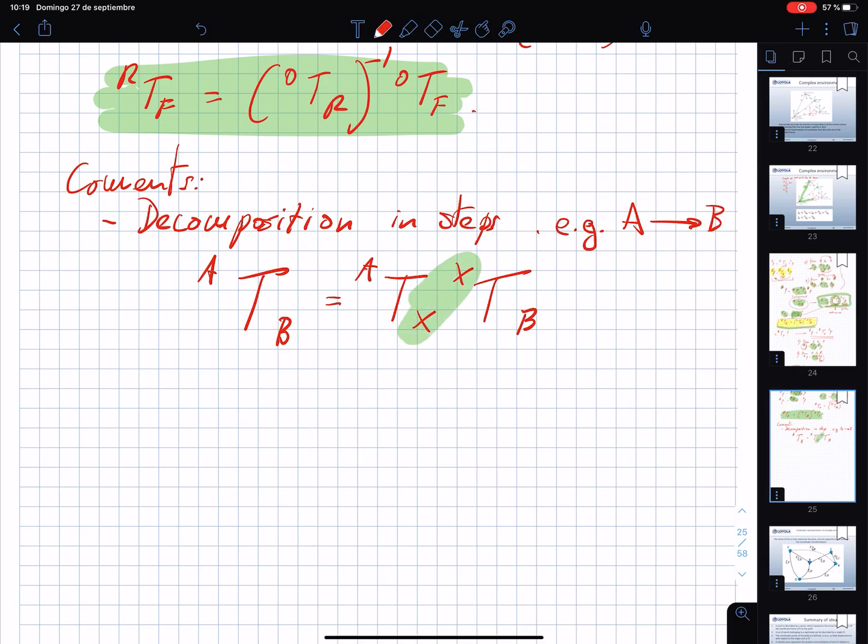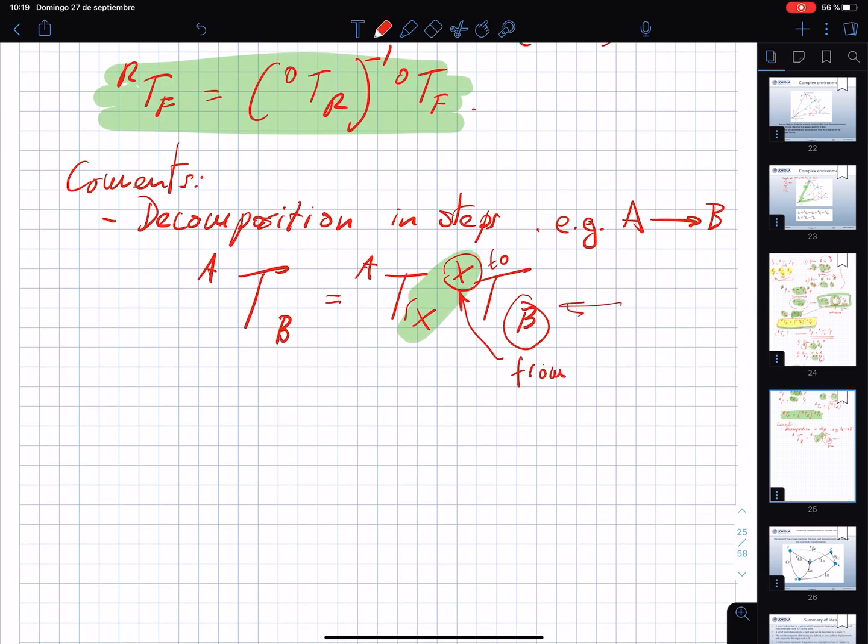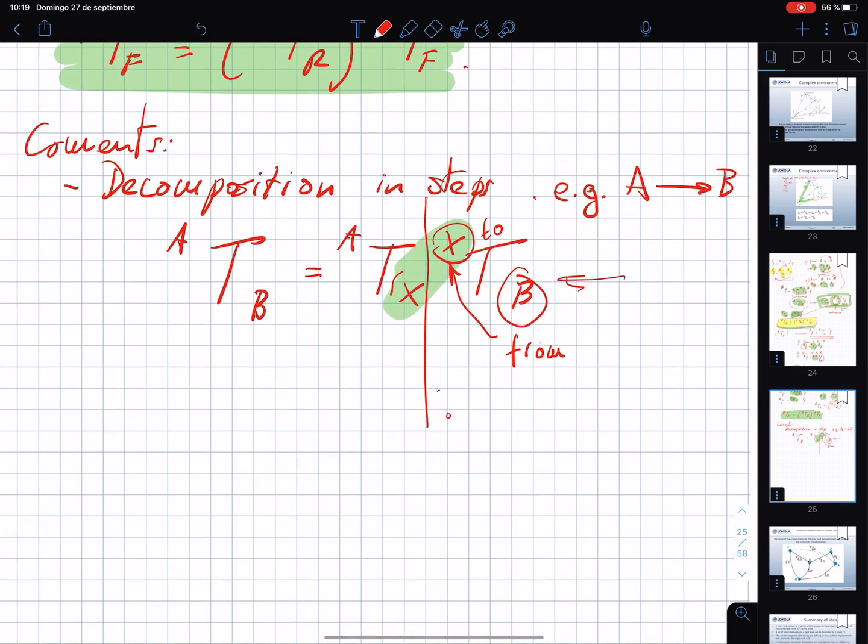Let's think about matrices as things that transform from the coordinate frame that appears in the lower right subindex to the coordinate frame that appears in the upper left superindex. So from B to X. After multiplication from the right of this matrix, we will have coordinates in X system.